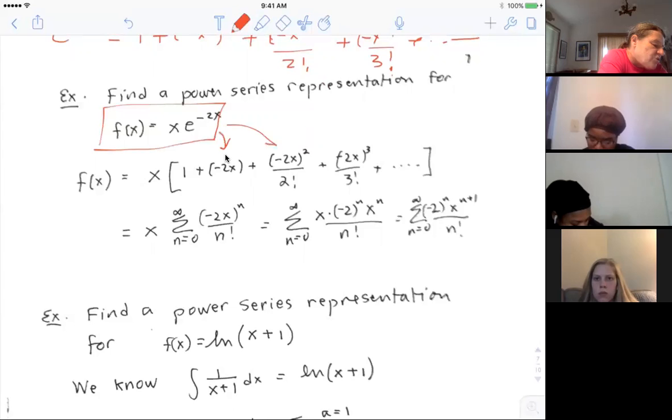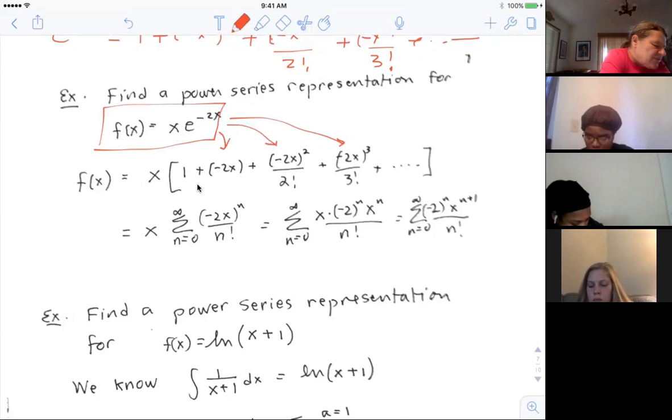I'll put minus 2x in everywhere. And then, if it's being multiplied by x, I'll just shoot an x through this thing. But let me show you what's happening here, and I'll show you some simplification things you might want to look at. That's what I'm going to do to get an estimation of that function right there.